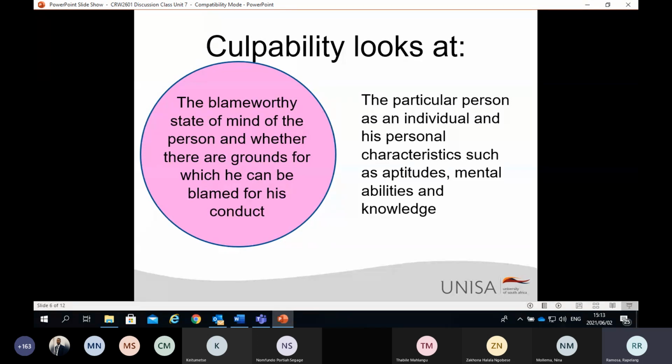We want to hold every person who commits an unlawful act blameworthy. So that person must commit that with a certain mental ability or mental awareness and with certain knowledge.